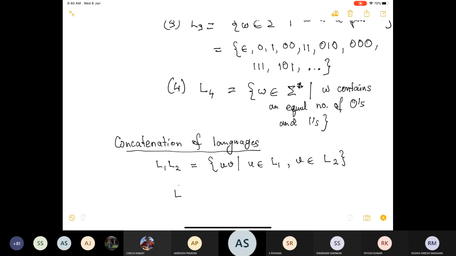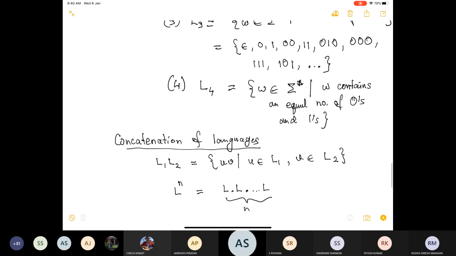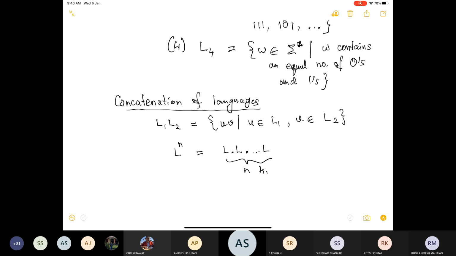L to the power n is just the n-fold concatenation of L. Inductively, it can be defined as follows, for any natural number n.